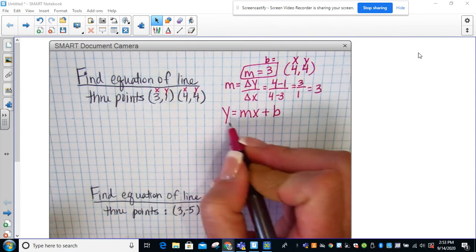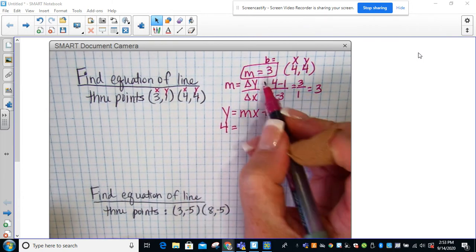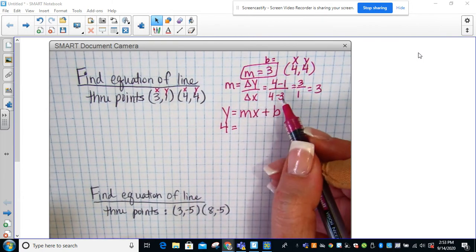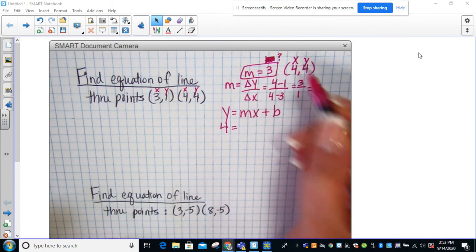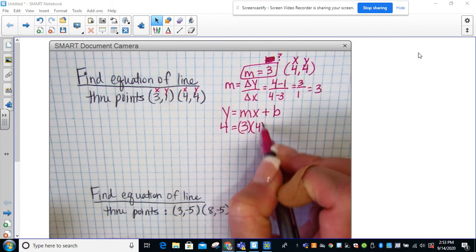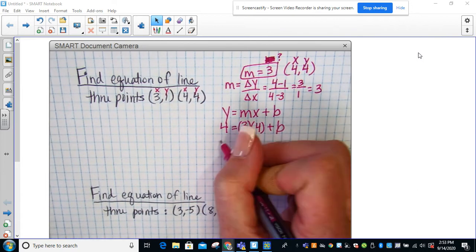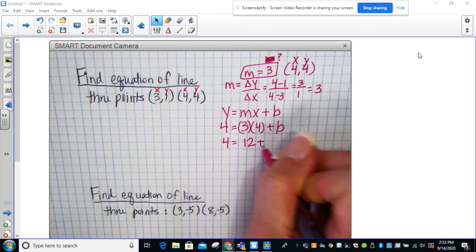Let's replace them. The y here is 4 equals the slope. We're trying to find b. M is 3. Your x is 4, back from the point. And then the b is what we're trying to find. So when we multiply that out, you have 12 plus b.